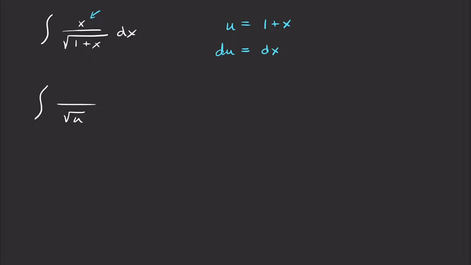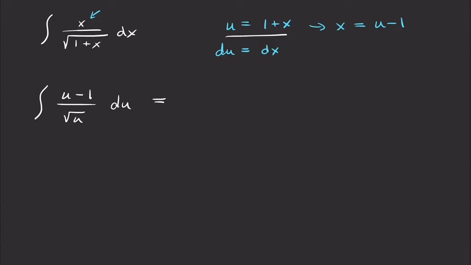Well, there's an x right here, so we can just solve this, and we get x is equal to u minus 1. So now everywhere we see x, we just replace it with u minus 1. If we do that, we get u minus 1 over the square root of u, and then our dx just gets replaced with du. And so now we can do this integral.